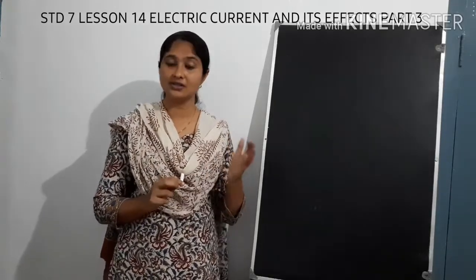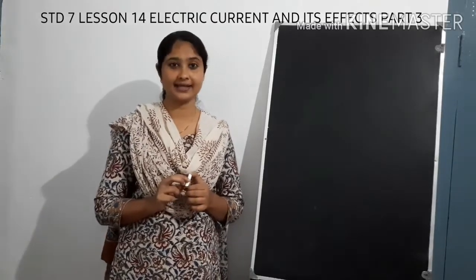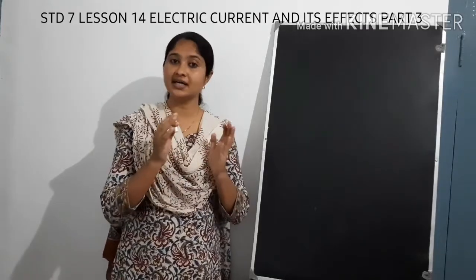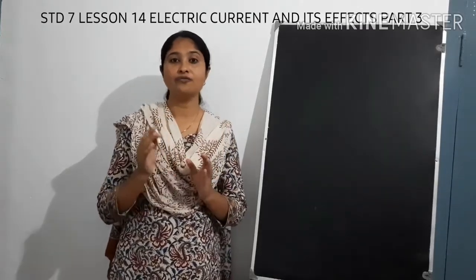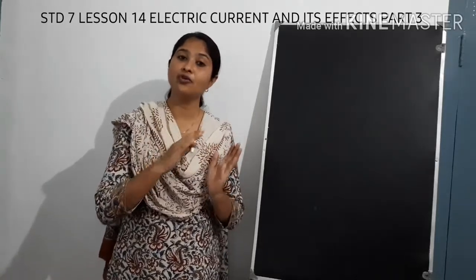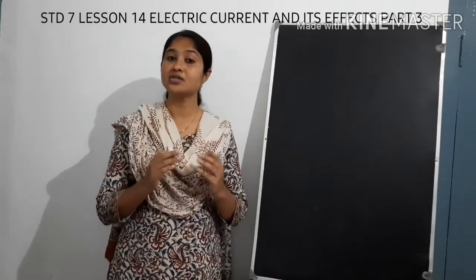Now we also studied about the heating effect of the electric current. In electrical appliances, there is a coil of wire. This is called the element. So when current is flowing through this element, what happens? It becomes hot.